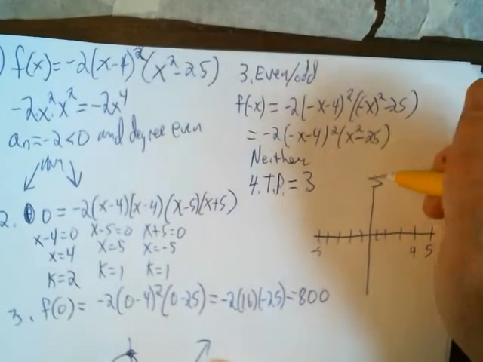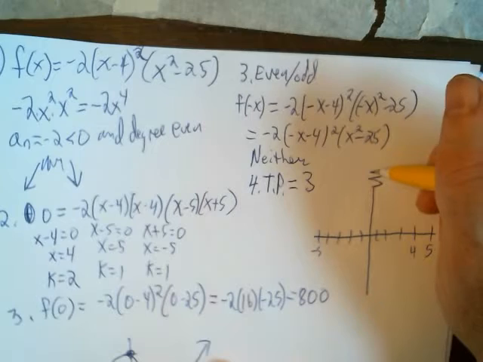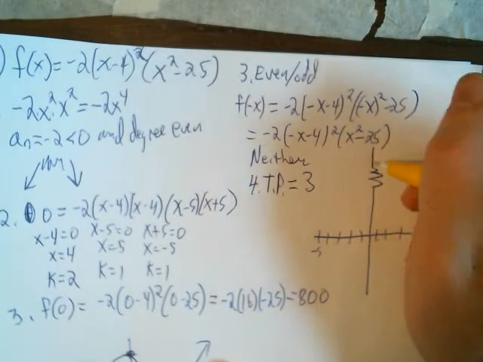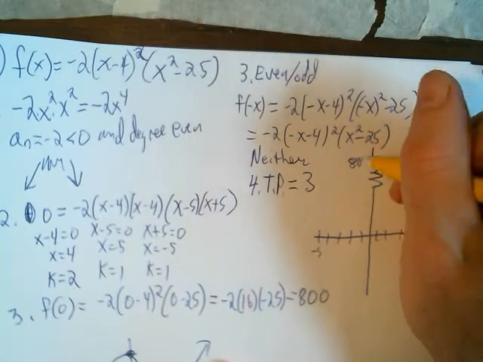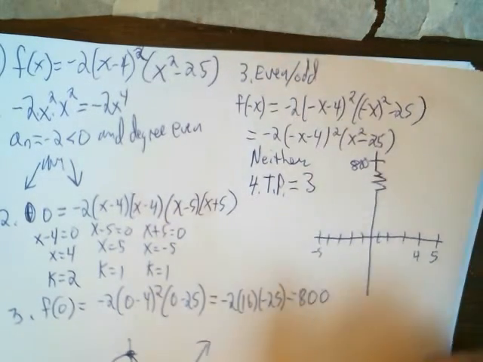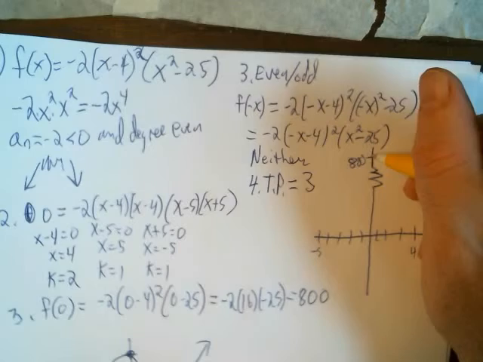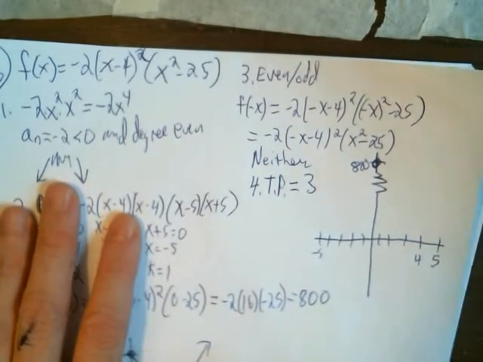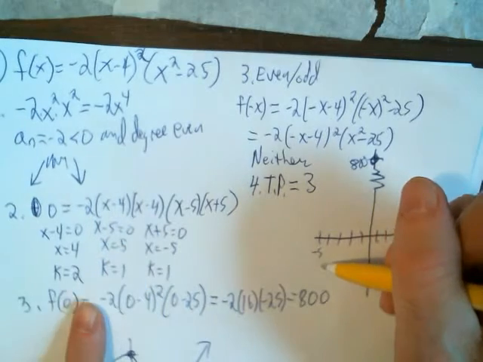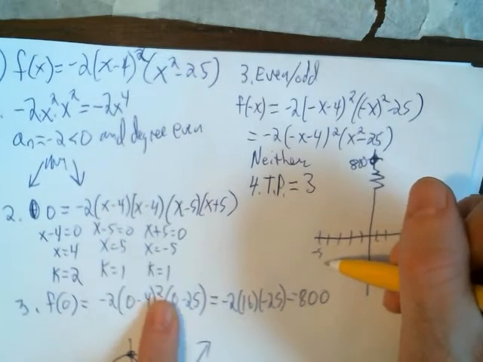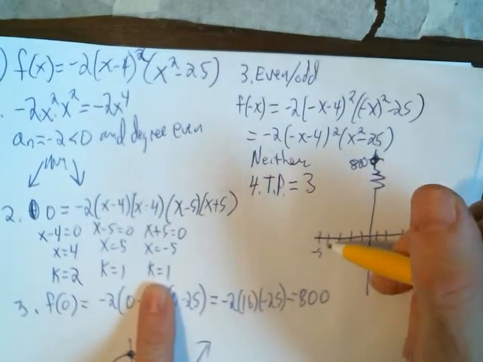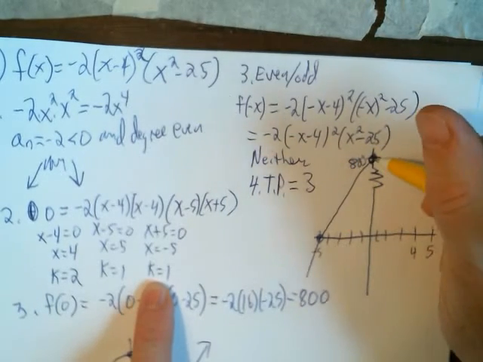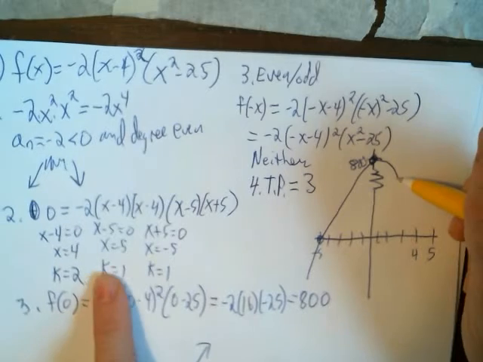We have some crazy number out here at 800, so I'm just going to do this crazy sort of symbol to indicate that we're way out here at 800 on the y-axis, and that's where I'll put our y-intercept. Okay. The form, it's going up and through -5. -5 is multiplicity 1, so it's going through that point, and then it'll continue up to 800, and then it'll go down at 4.